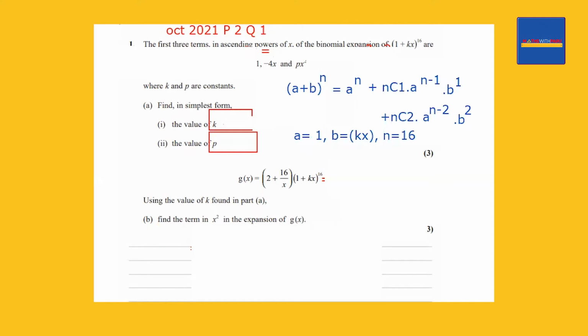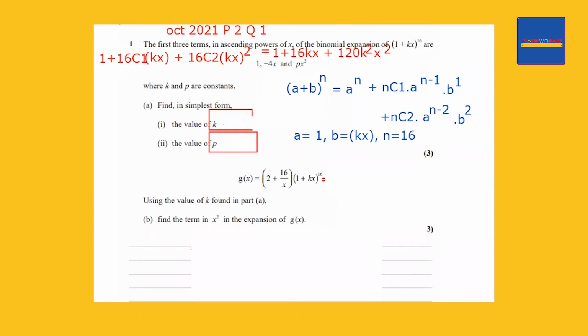The first term is going to be 1 to the power 16, which is 1, plus 16C1 into kx, plus 16C2 into 1 squared into kx squared. If we expand them, we end up with 1 plus 16kx plus 120k squared x squared. You can just use your calculator to get the values of 16C1 and 16C2.